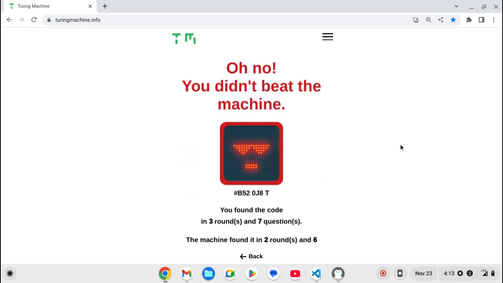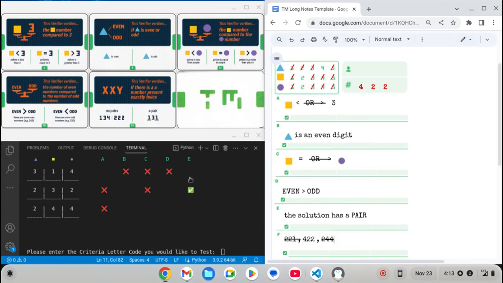Okay, so how do we do? Oh no, we lost by 1 question. Well, it did feel like a little comedy of errors, but I'm not sure where the inefficiency was. Obviously, we were forced to test a third time, or a second time, in the third round. Had we done it in the first round, maybe that would have helped us out.